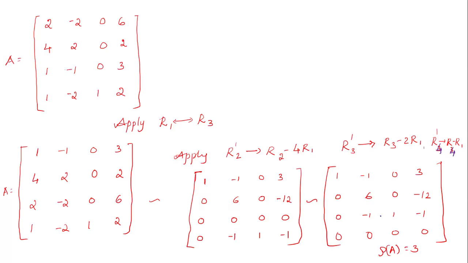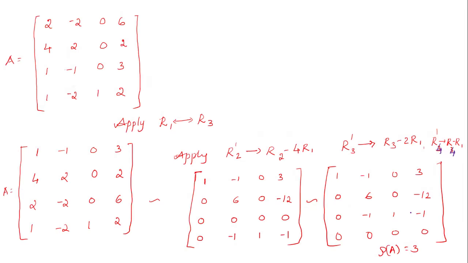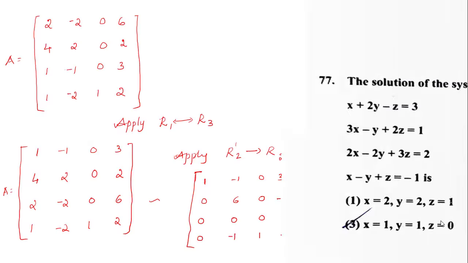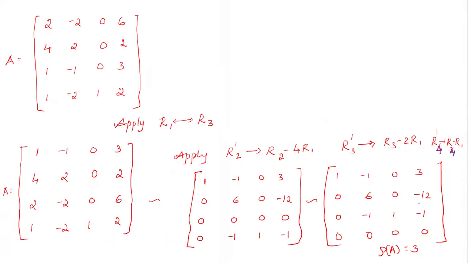We get the rank of this is 3. That means in the options, the fourth option is right. If you want, pause and write down all.